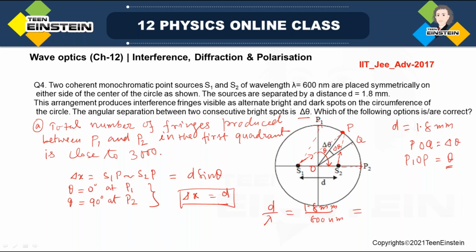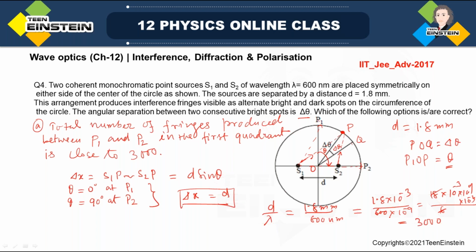So if you make it with proper units, this will be 1.8 into 10 to the power minus 3 divided by 600 into 10 to the power minus 9, and you'll get 3000. Okay, so d by lambda is equal to 3000.